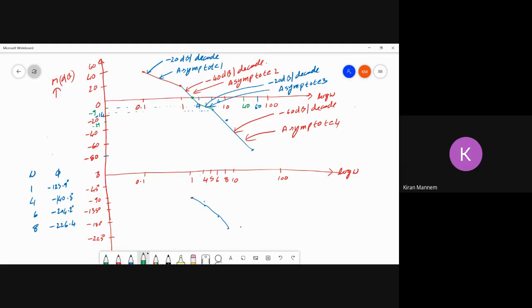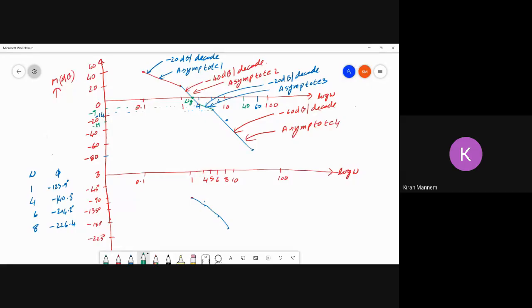Write it here. I write it in green color. I'll remove all this. Simply I'll write omega g, the gain crossover frequency. The gain crossover frequency is defined as the frequency at which the magnitude is equal to 1 or the 0 dB line.